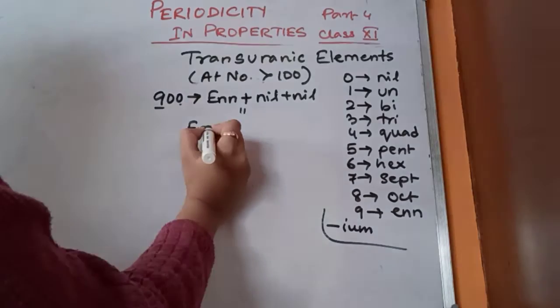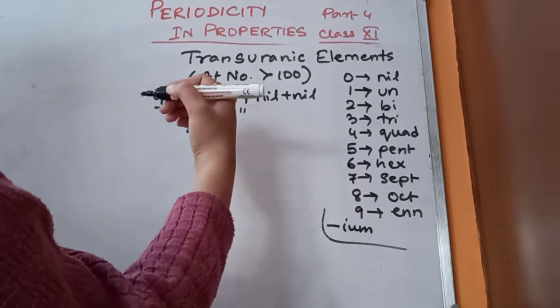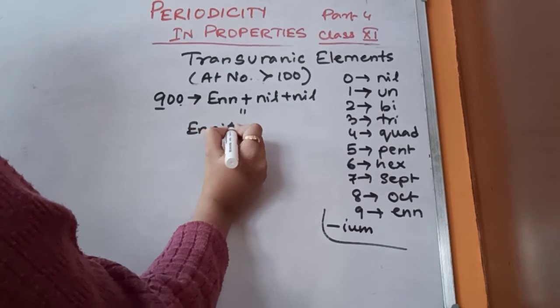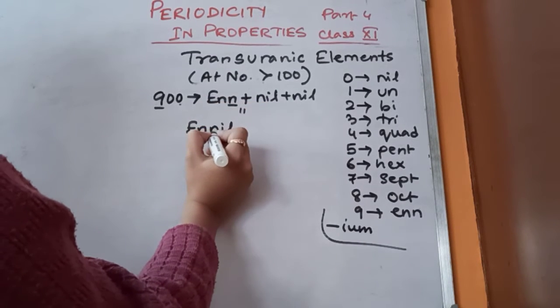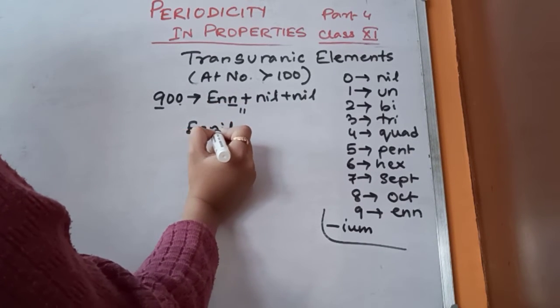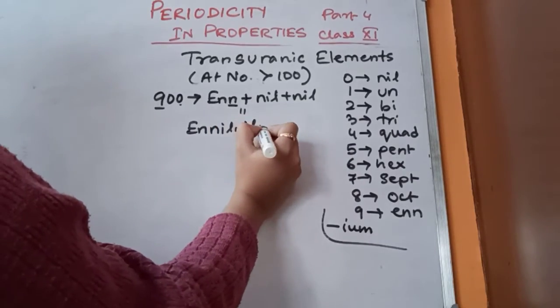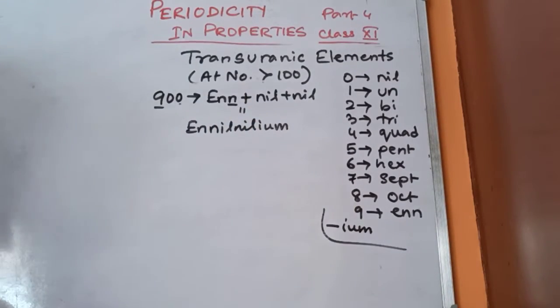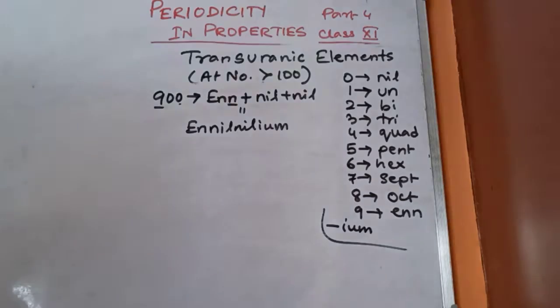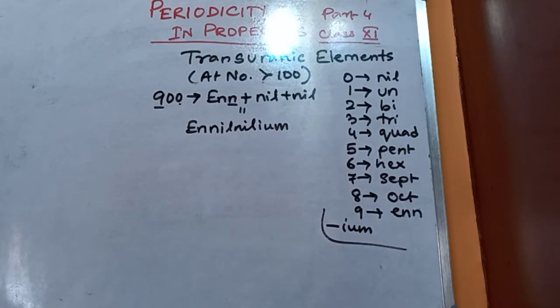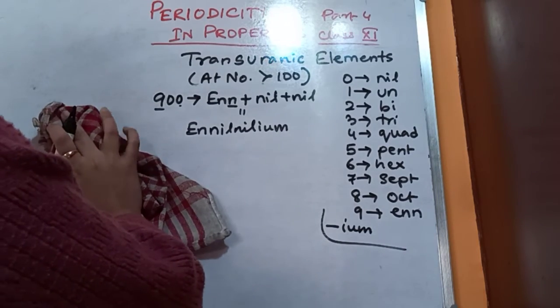So one of the n's is removed, and it will give you only 2 n's. Okay, so this will be the systematic name of this element. Okay, so this is how they are named.